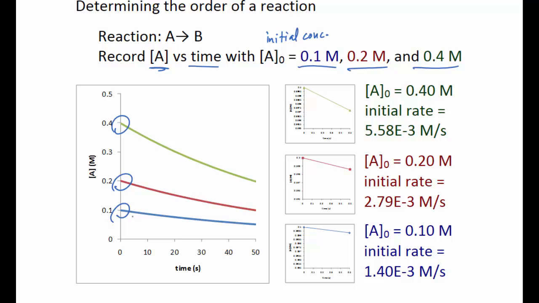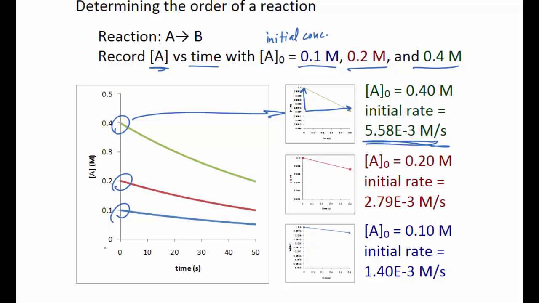And if our data is good, really all we have to do is look at our first 2 data points, if that's consistent. So what I've got over there are zoom-ins of those initial portions of the graph. And initial rate is just the rise over run of those initial portions of the graph. So you've got 3 values there.